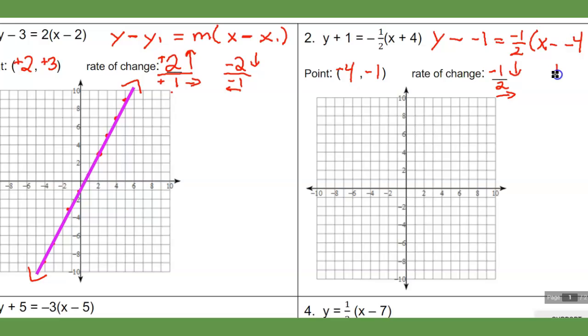which is also the same as 1 over negative 2, which is up 1, left 2. So you can use both slopes, so you go both directions. We got what? Negative 4, negative 1. Down 1, right 2.